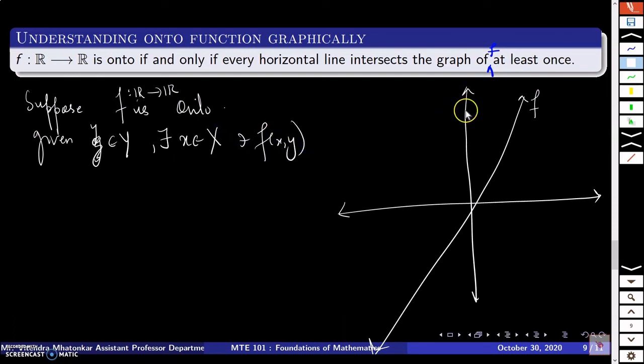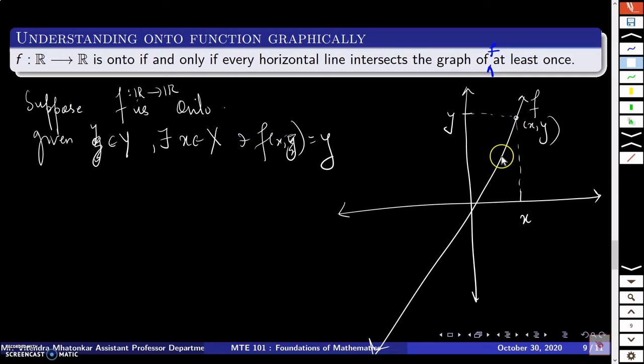So no matter which point on the y axis you pick up, I will be able to find one point in the set X which is mapped to y, right, such that f of x is equal to y. So this point x comma y lies on the graph of the function.